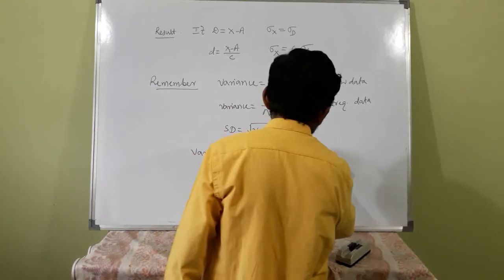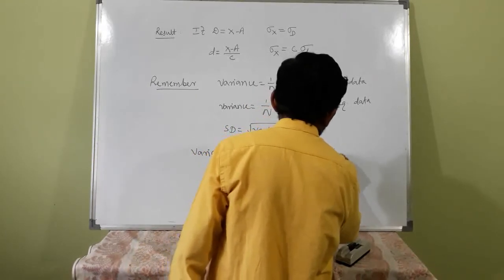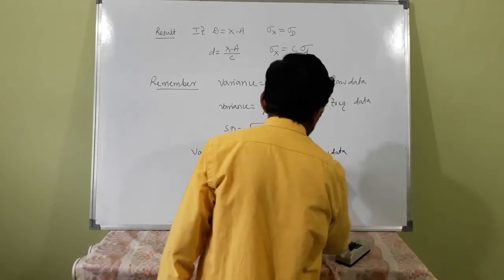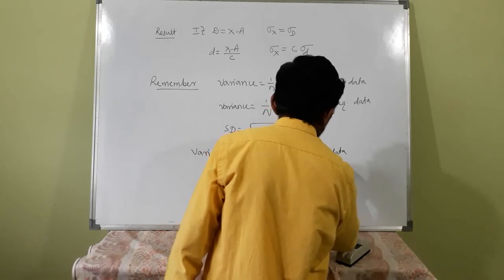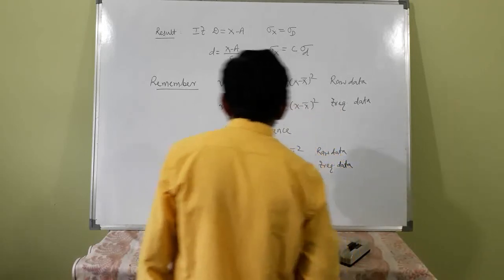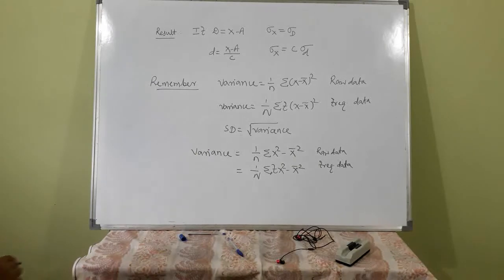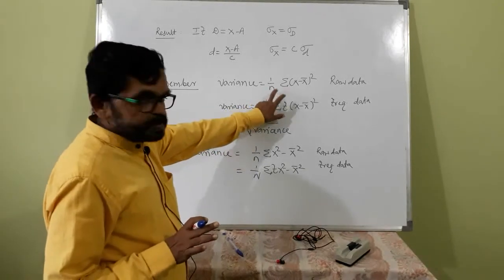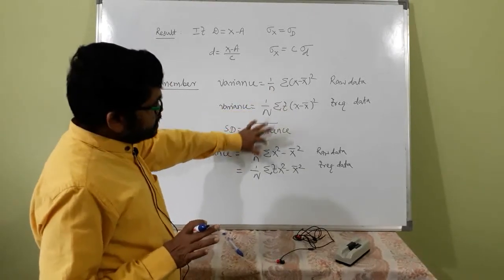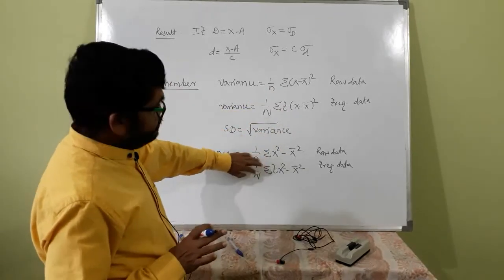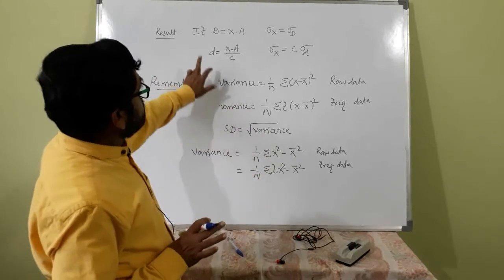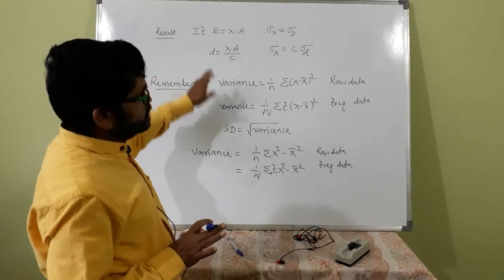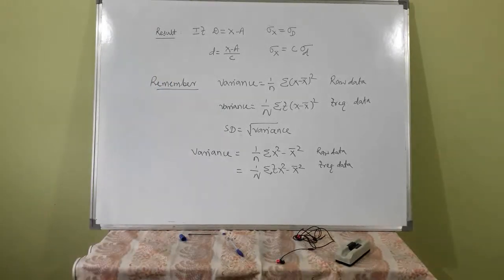The first is for raw data, the second is for frequency data. Okay, if you take the roots, that will become these two formulas. This you have already studied. I think this property you did not study yet. This much is enough for this exercise.